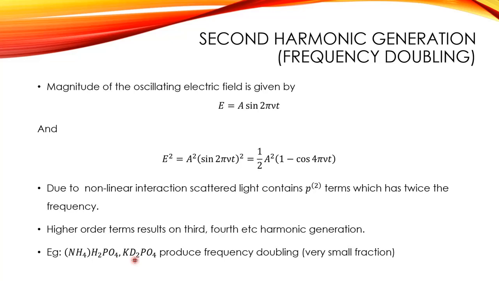The importance of these materials is that lasers operating in the visible region can be made to operate in the near ultraviolet region also. The efficiency of frequency doubling is quite low, often a very few percent, but it may be as high as 20 or 30% in some cases.